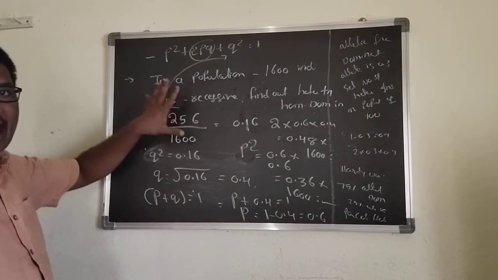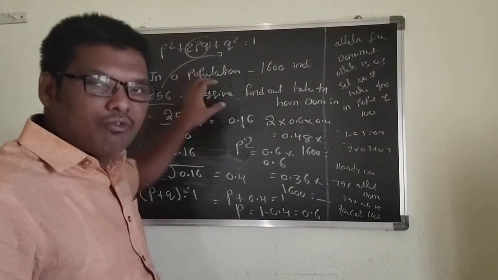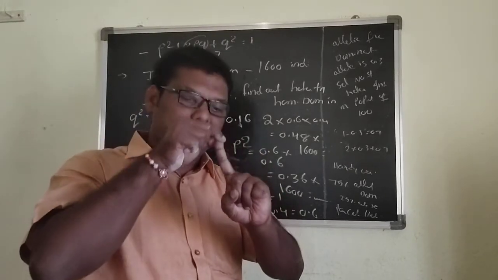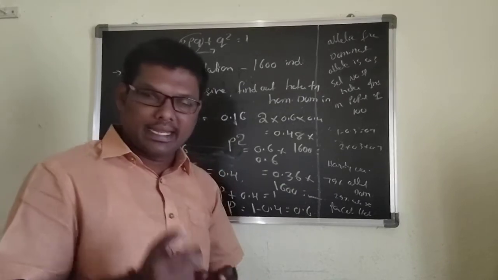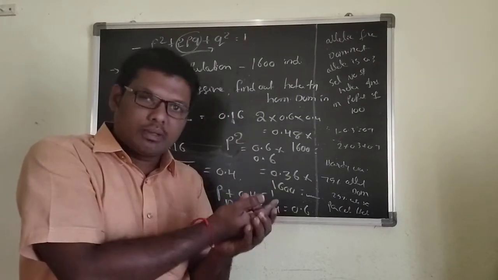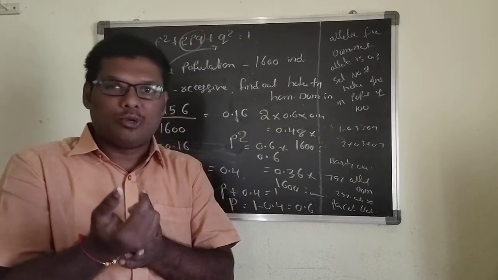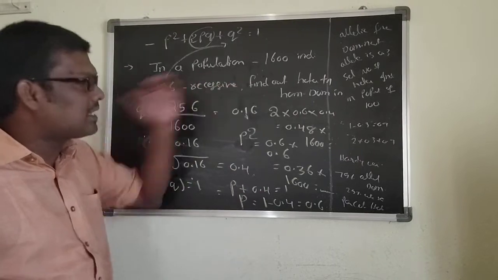First step: if they give individuals, first calculate the genotypic frequency, then calculate the allelic frequency. Later, in p plus q equals 1, if you know p or q, you can substitute the values and calculate the remaining ones.